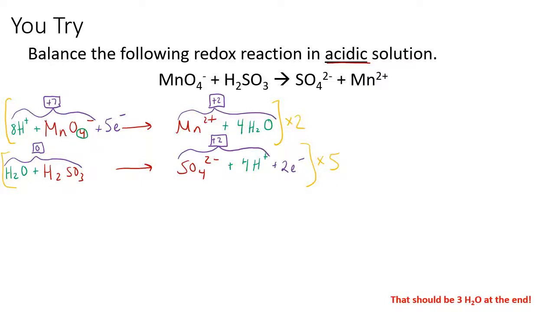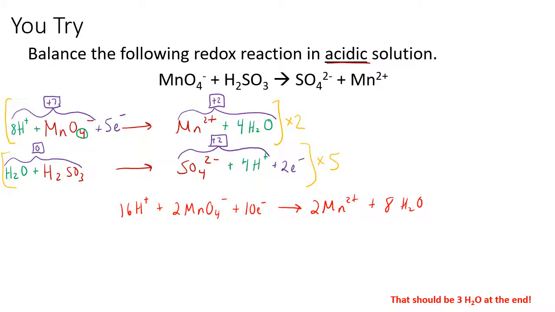Rewriting our top equation multiplied through by 2 gives us 16 hydrogen ions plus 2 permanganate plus 10 electrons. And on our product side, we'll have 2 Mn2+ plus 8 H2O.